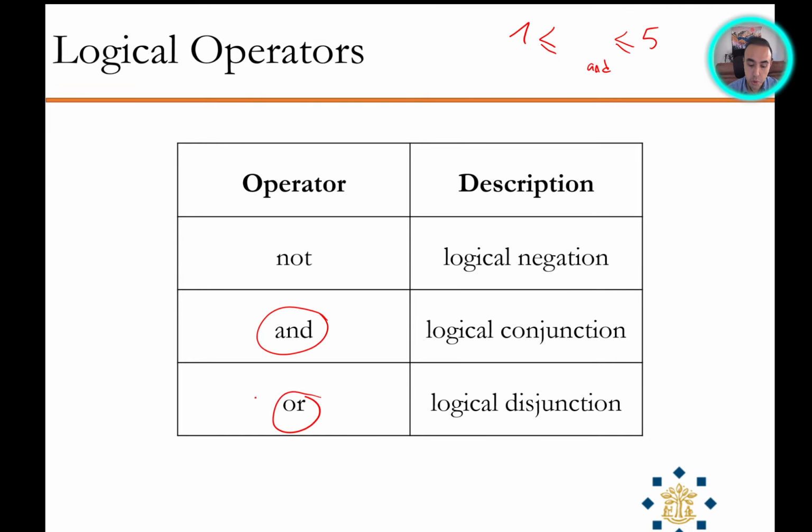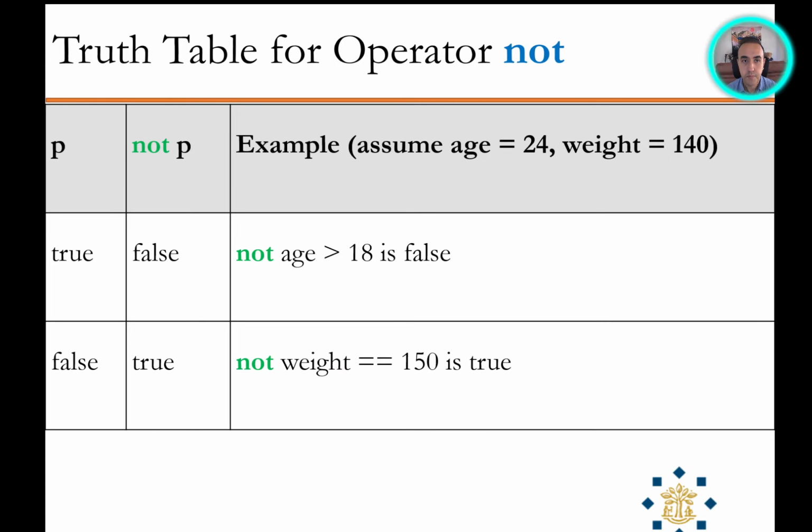We can also use OR. For instance, maybe you only need one of the conditions to be true. In that case, you put an OR. If you need the opposite, like not equal to, you can also put NOT, okay? So these three we can play with.